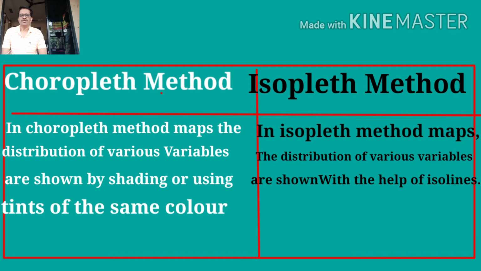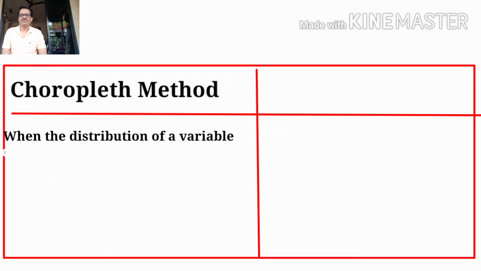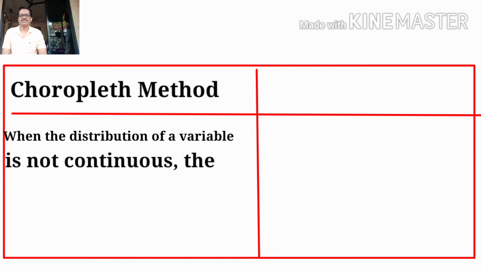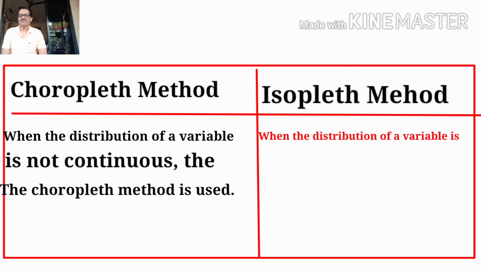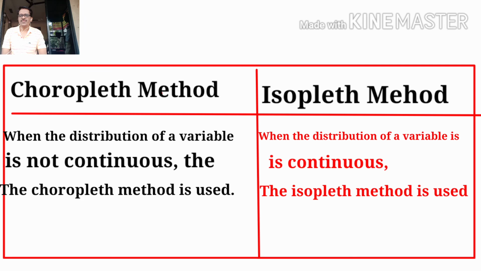Second, when the distribution of variable is not continuous, the choropleth method is used, whereas when the distribution of variable is continuous, the isopleth method is used.